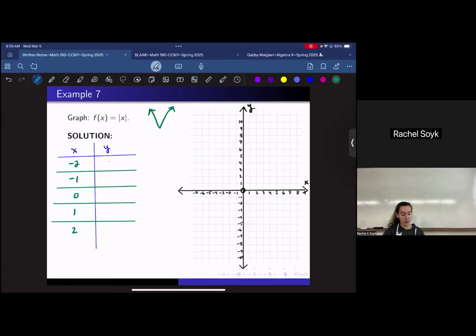Absolute value of -2 is 2. Absolute value of -1 is 1. Absolute value of 0 is 0. Absolute value of +1 is 1. And absolute value of +2 is 2. This is known as our famous absolute value function.